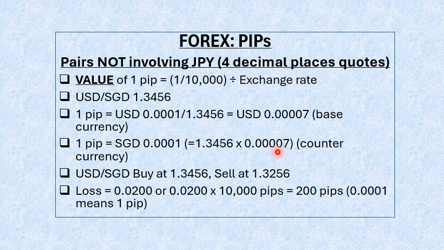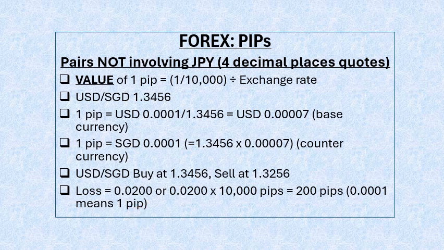If a trader bought USD Singapore dollars at 1.3456 and sold it at 1.3256, he lost 0.02 or 0.0200 into 10,000, which is equal to 200 pips. Basically, 0.0001 means 1 pip.